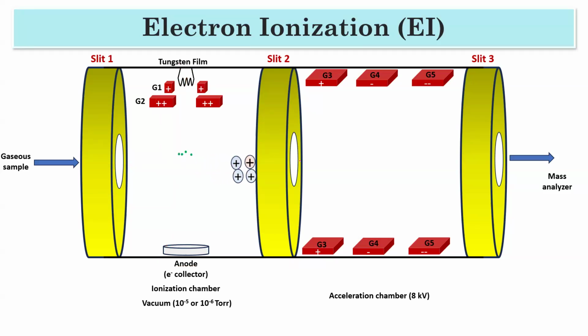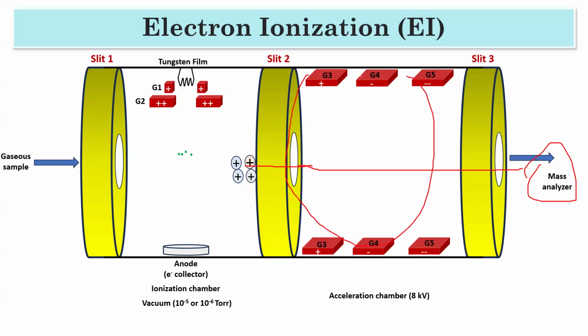After that, the ions will move to another slit, where your mass analyzer will be. So in this region, what's happening?